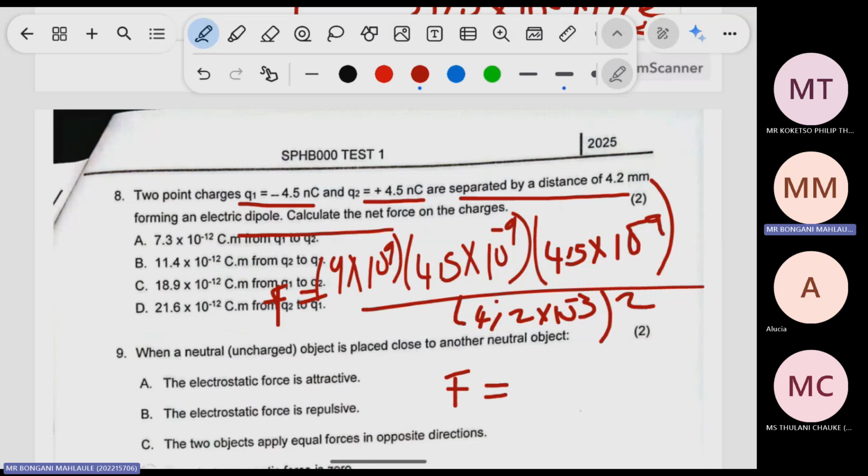Were we supposed to convert this one? Let me see if I don't convert. We're not supposed to convert it. Okay, when you don't convert, you'll get force to be 1.033 times 10 to the negative 8. How did they get this value?